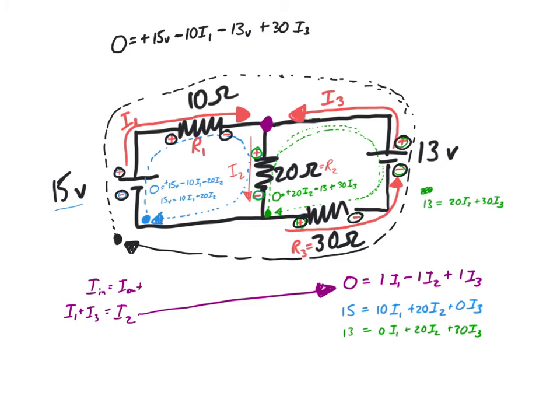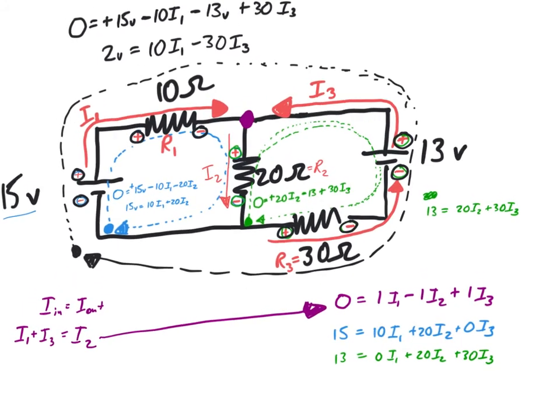When I combine these, I end up with twice the voltage, so 2 volts, is equal to 10I1 minus 30I3. And it's just 1 or 2 steps of algebra from one to the other.